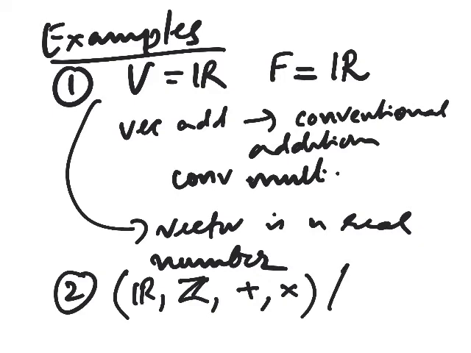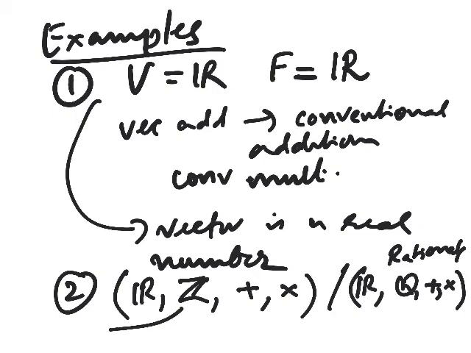Then R, Q plus multiplication. Q is a set of rationals, Z is a set of integers. Are these two vector spaces? You are having some doubt, Akanksha.